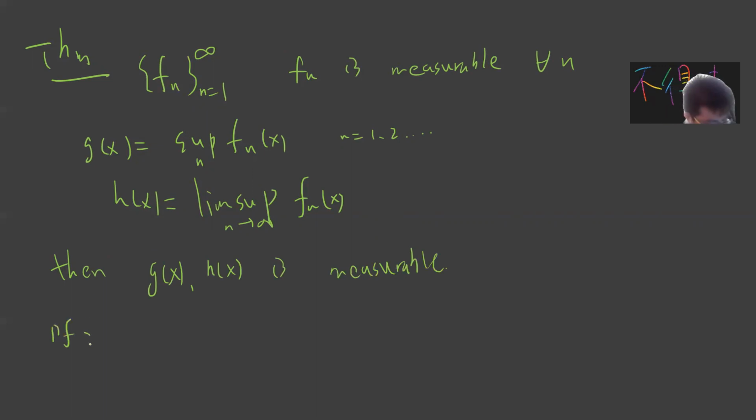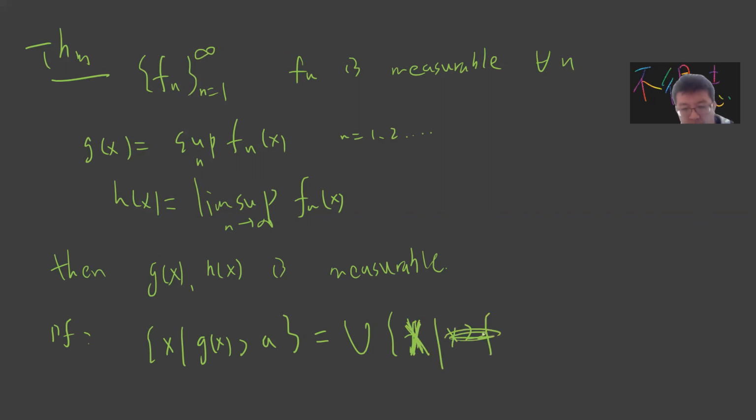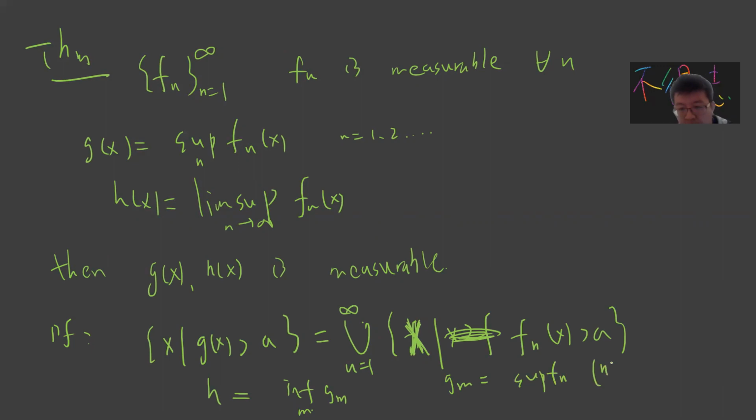The proof is also the same. Let's consider the set where g of x is greater than a. You can write this as the union over n of the sets where f_n is greater than a. Then you can take h to be inf of g_m, where g_m is the sup of f_n for n greater than m.